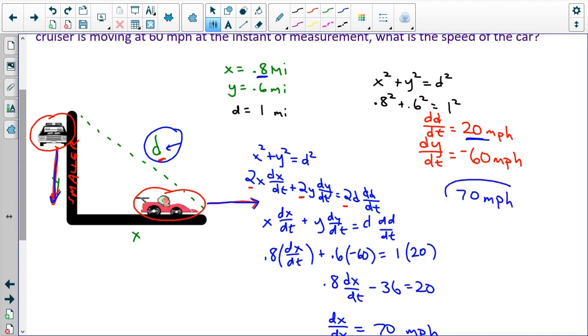So the police cruiser is moving at 60 miles an hour, and the car is moving at 70 miles an hour. Also notice I didn't substitute in 0.8, 0.6, and 1 into the Pythagorean theorem when I took the derivative. That's because all three of those things are going to be changing. It doesn't give us any indication that any of those are constant.